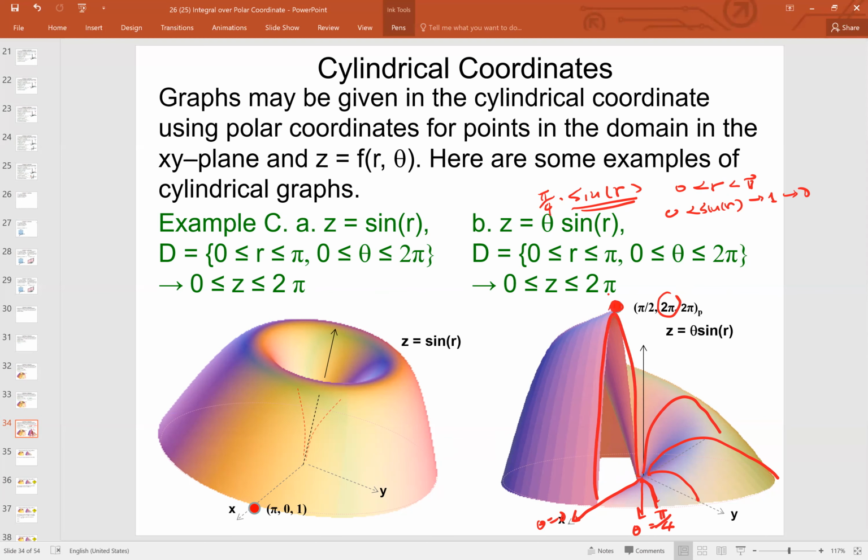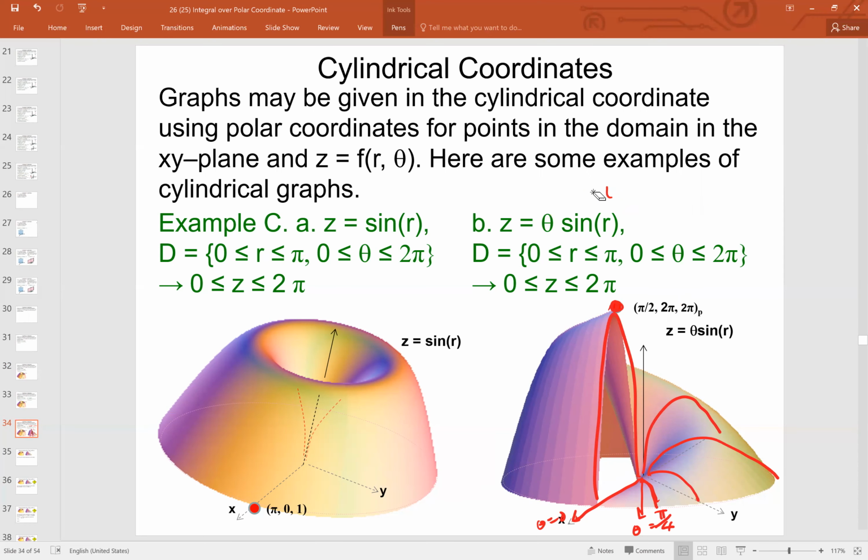It hits the high point at pi over 2. Okay. So that's the shape for this one.